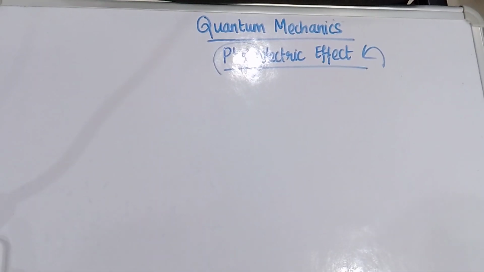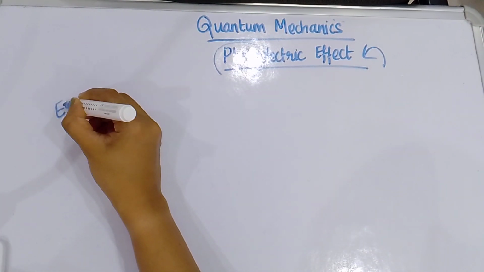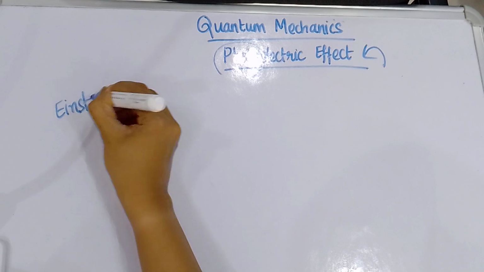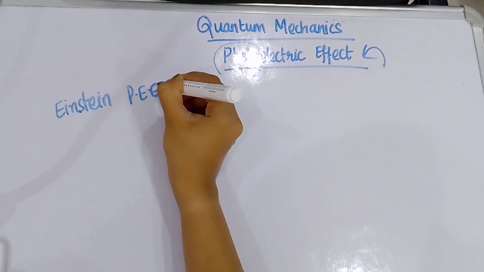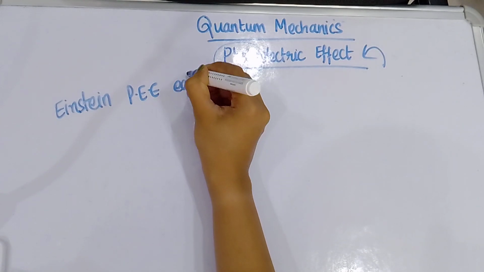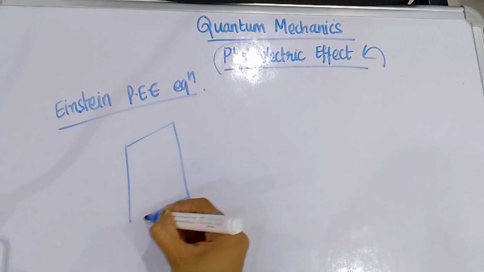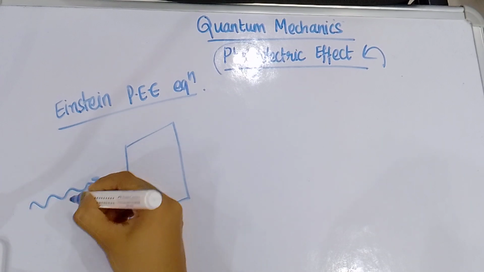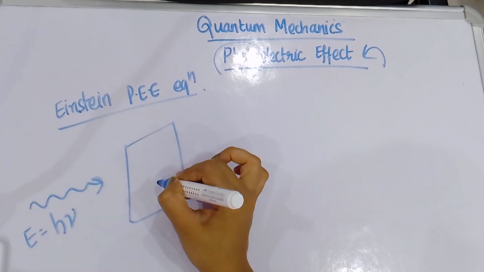So now we'll see Einstein's photoelectric effect equation. See, this was the metal surface and this is a photon which has energy equal to h nu striking the metal surface.